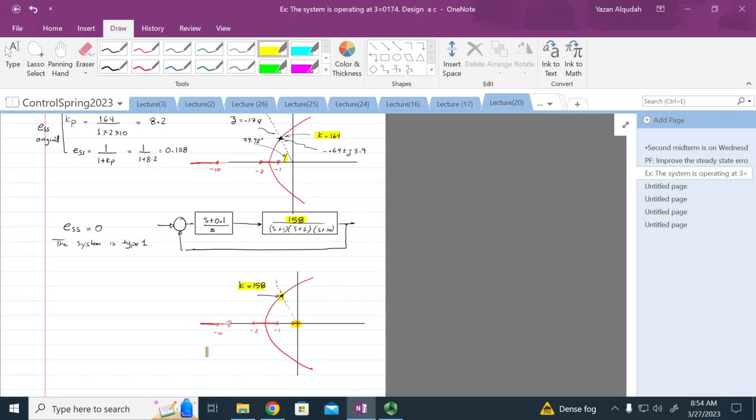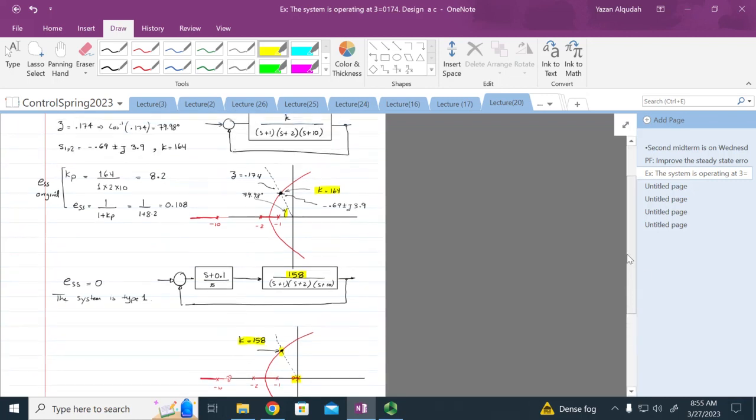Okay. The next question is, how do I find the point that I'm operating at? How do I find this point here? On the exam.